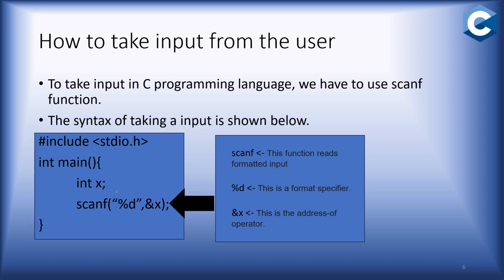In simpler terms, when the user enters a number and presses enter, the scanf function takes that number and stores it in the memory location of the variable x. We can then use the value stored in x for further calculations or operations in our program.